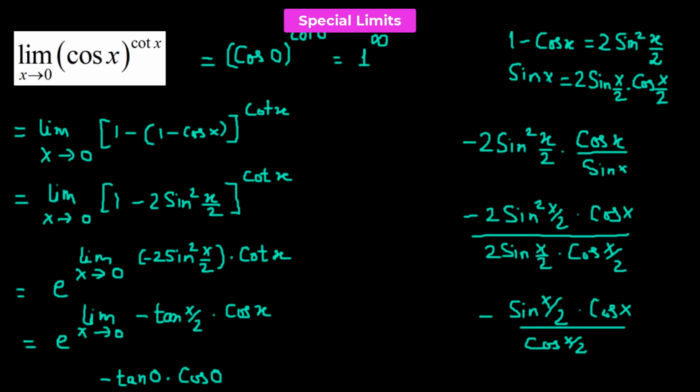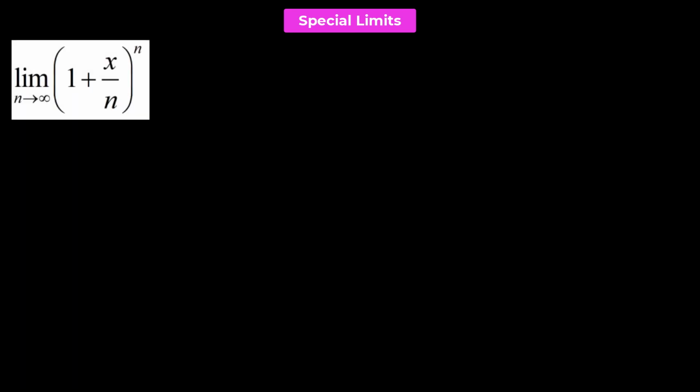Let us do another problem. Here we have 1 plus x over n raised to the power of n. When we do a direct substitution, we get 1 plus x over infinity, which is 1 plus 0. So we have 1 raised to the power of infinity, which is an indeterminate form. So our limit will now get changed to e raised to the power of limit n approaching infinity of f of x, which is x over n, multiplied by g of x, which is n.